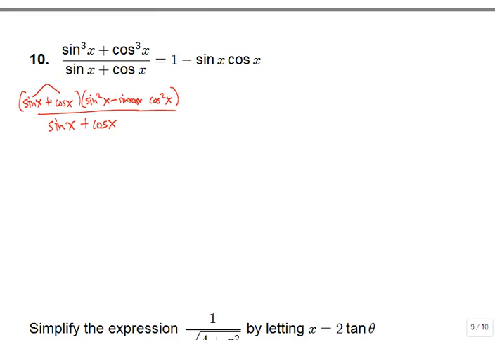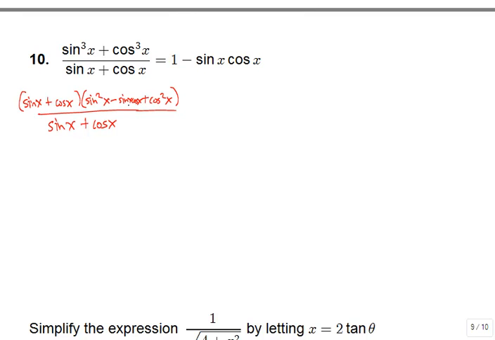So if this is plus, this middle term has to be a minus, and the cosine squared term is going to have to always be a plus as well. Now if you were to FOIL this out, you would notice that all those middle terms will cancel out, and all you would be left with is the sine x times the sine squared, which is your sine cubed, and your cosine x times your cosine squared, which is your cosine cubed. Everything else cancels out. So that's why it works.